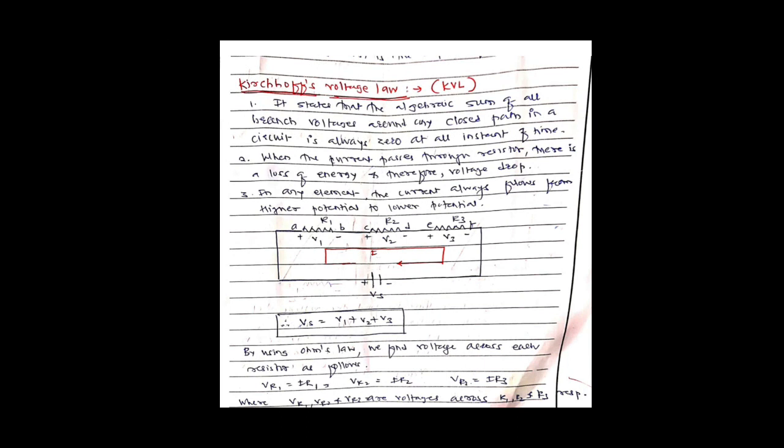In any element, the current always flows from higher potential to lower potential, from positive to negative. The current starts from the positive of the battery and comes to the negative of the battery, so it is considered a closed path.